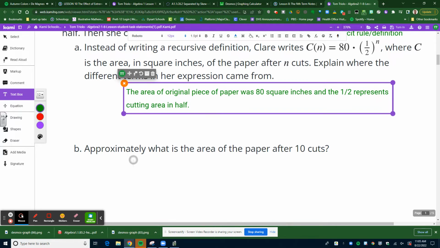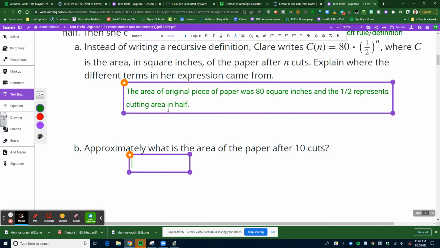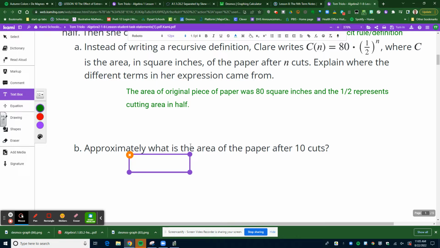Now, when you're asked a question in English, I want you to answer the question in English. So you say, the area of the paper after 10 cuts. You can use the words in the question. Look at that.